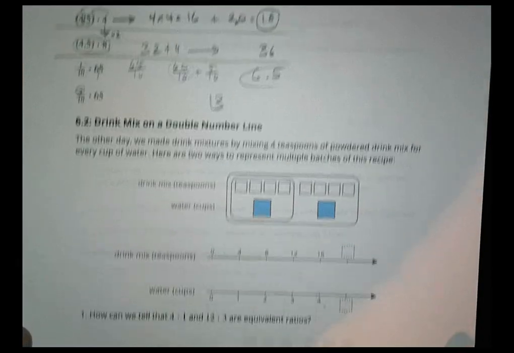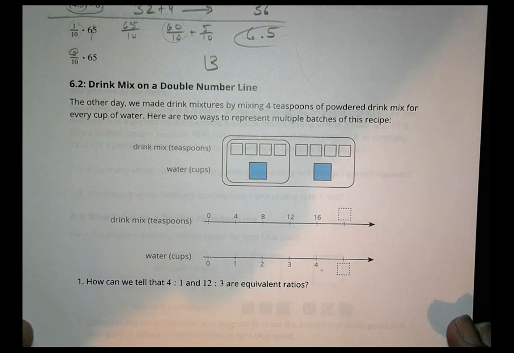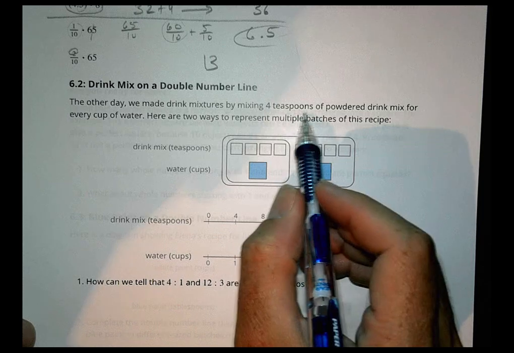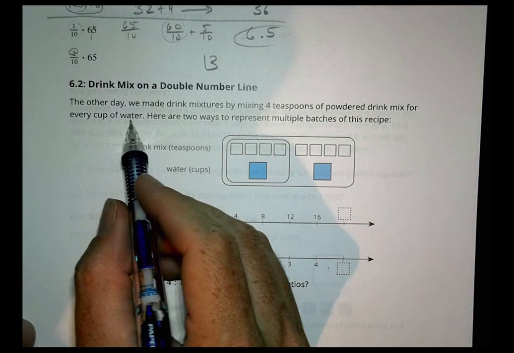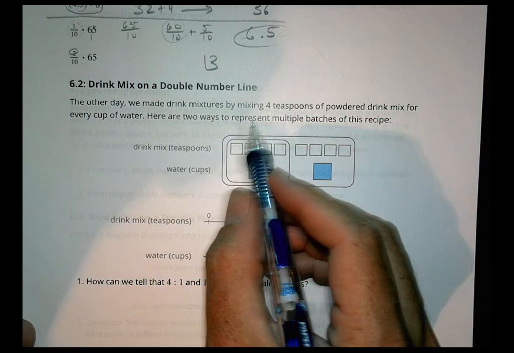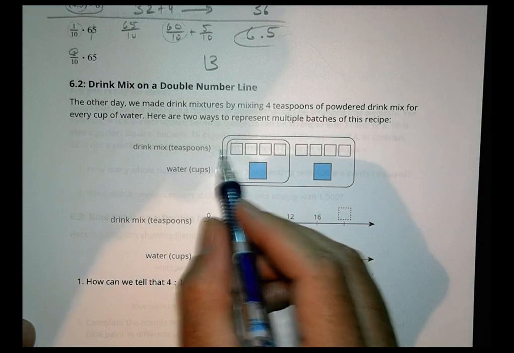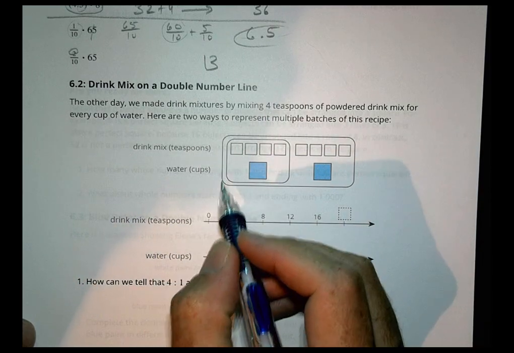Okay, from here, we went to activity number 2, which is called drink mix on a double number line. It says the other day we made drink mixtures by mixing 4 teaspoons of powdered drink mix for every cup of water. Here are 2 ways to represent multiple batches of this recipe. We have the drink mix up above, and we have the water down below.